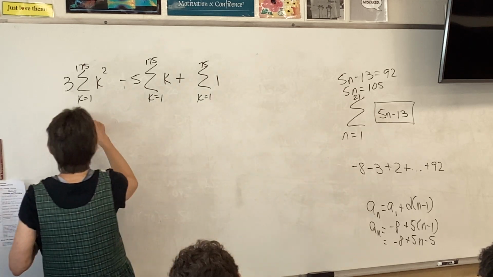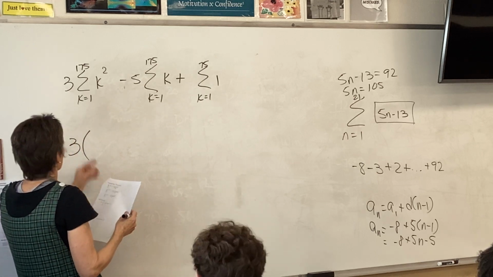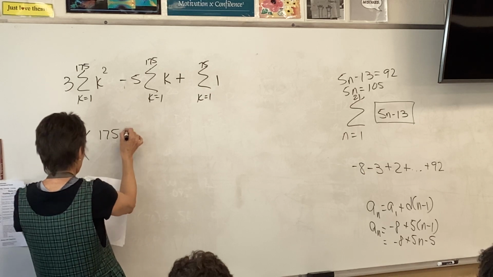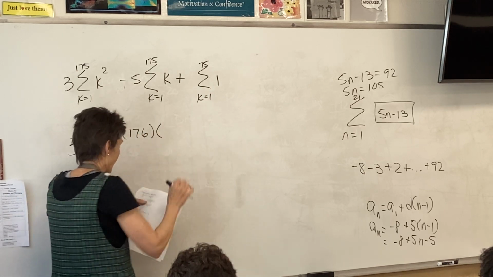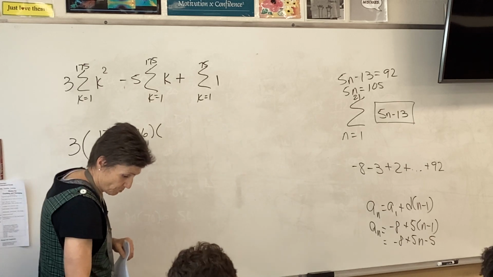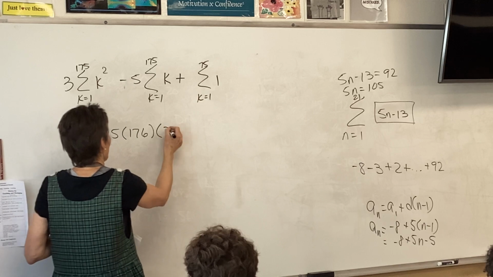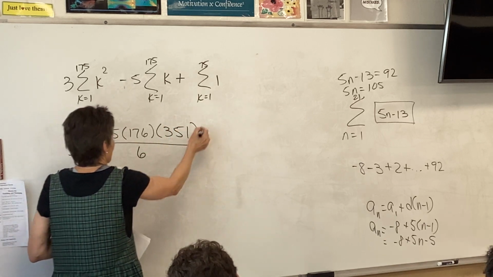I'm going to figure this one out right here. So this is going to be 3 times the k squared formula: 175 times 176 times 2 times 175 plus 1, which is 351, over 6.